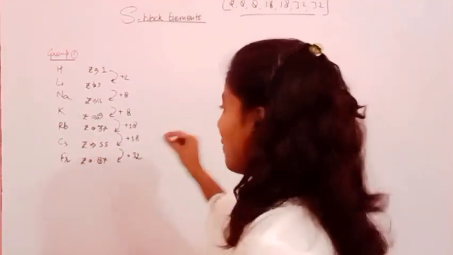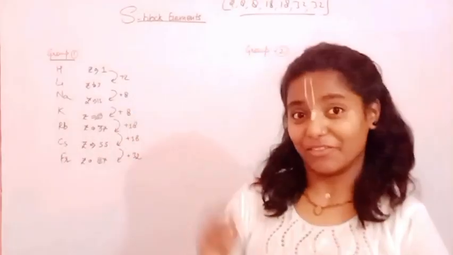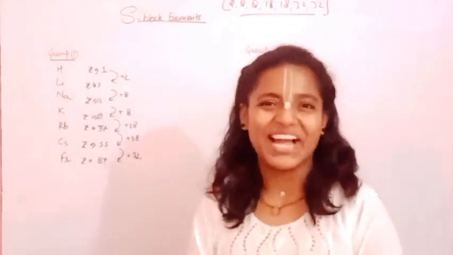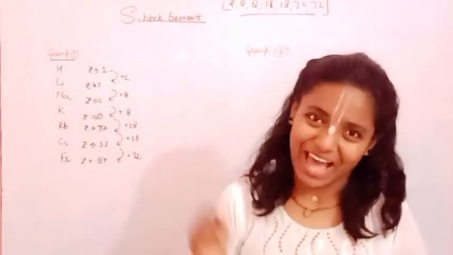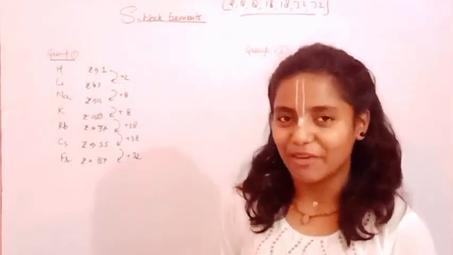So these are the elements with their atomic numbers. As you can see, I no longer require a periodic table to recall the atomic numbers of these elements. I hope you find this helpful.